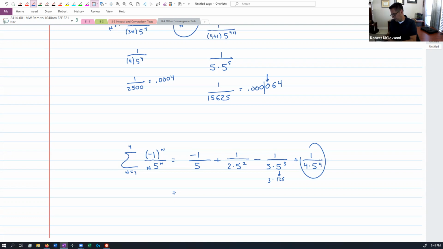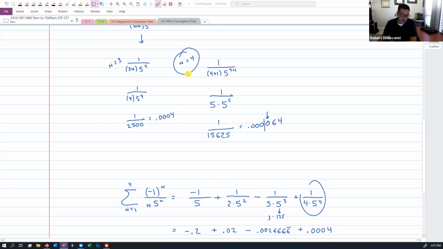Oh, there we go, 5 raised to the 4th. Something is messed up. Pause for a second. Okay, I figured out on my calculator, there's a weird button on there. I don't use this one very often. It's messing me up.